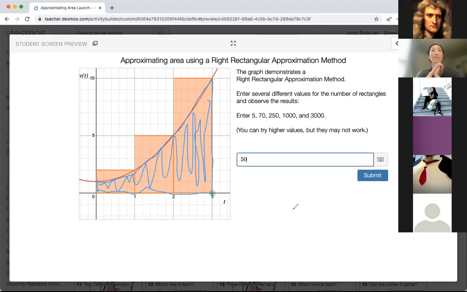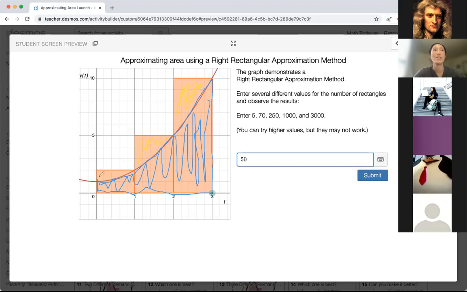So in this picture, if I said, do you think you have an overestimate or an underestimate? I would hope that every single one of you would say that we have an overestimate here because we've got more area, like all this extra up here, that's extra, right? That's not actually underneath the curve. And this is extra. That's not under the curve.